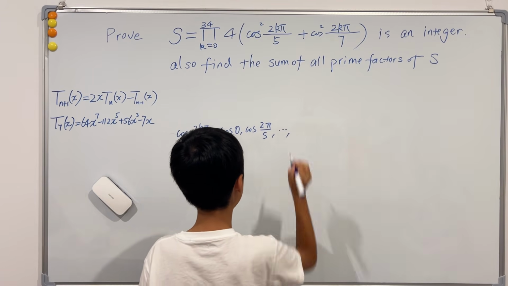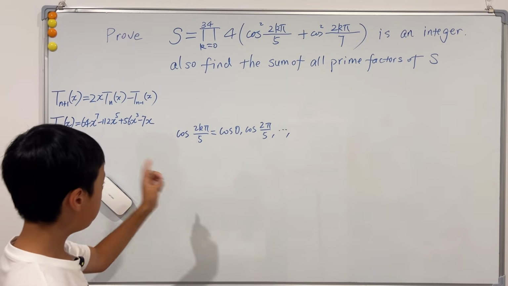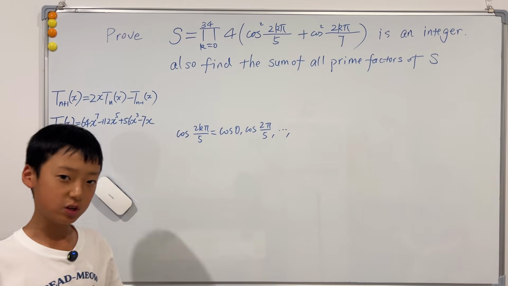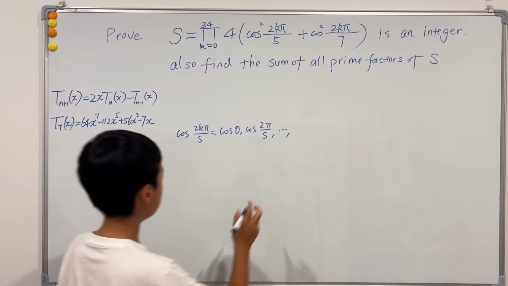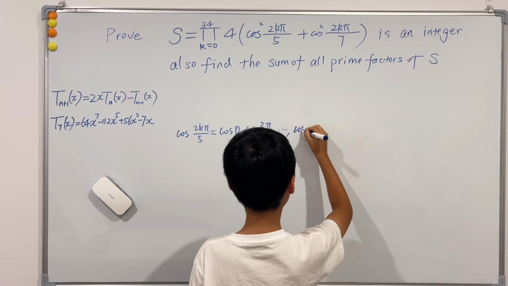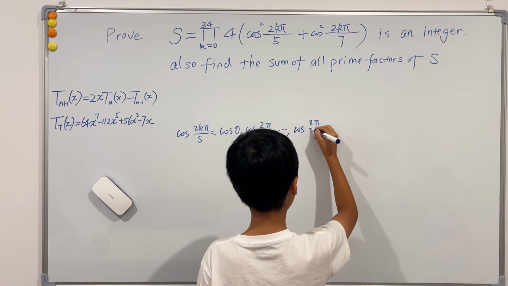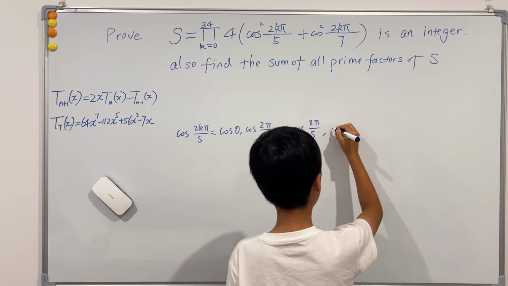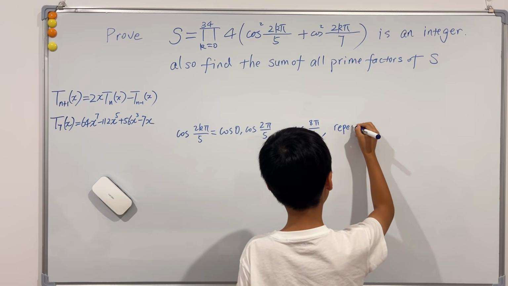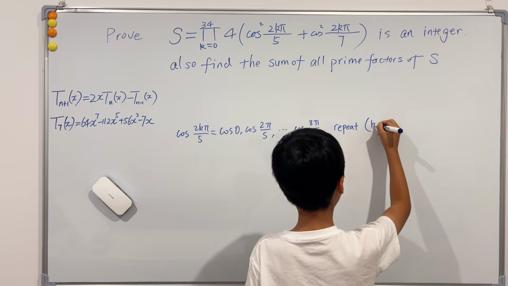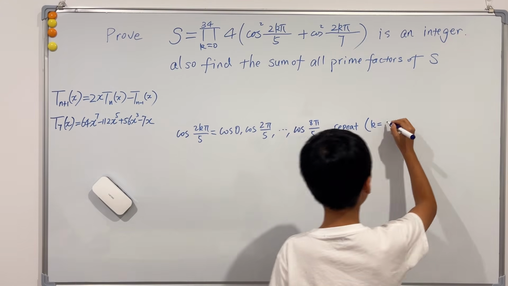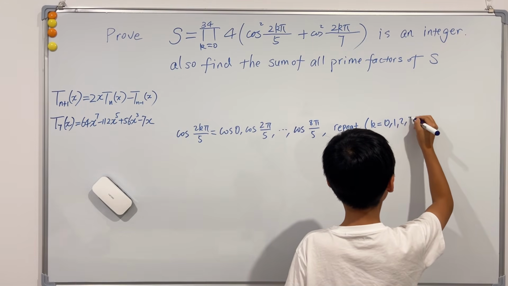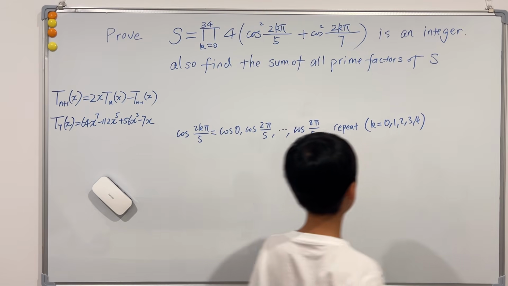Then it will go all the way until 8 pi over 5, because once it reaches 10 pi over 5, it'll repeat back here. So all the way until cosine of 8 pi over 5, and then it will repeat. Now from here, k went from 0 to 4. So 0, 1, 2, 3, and 4.